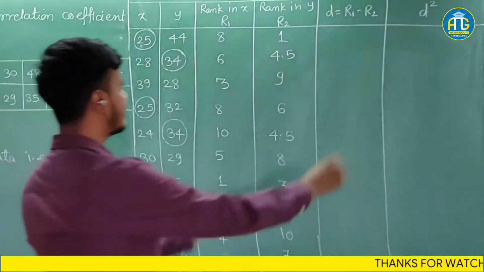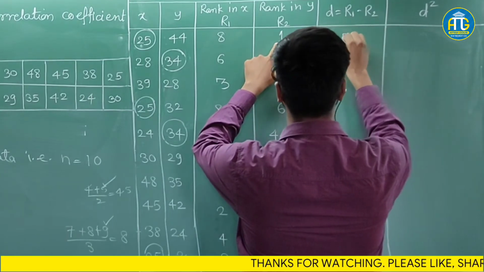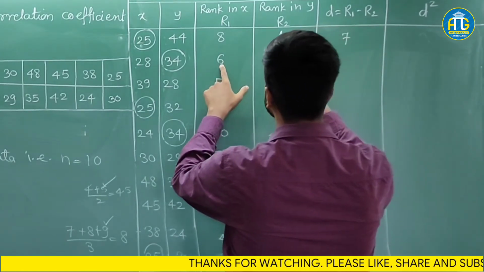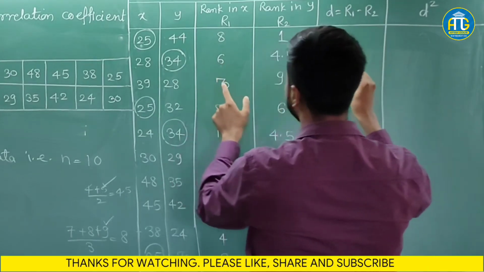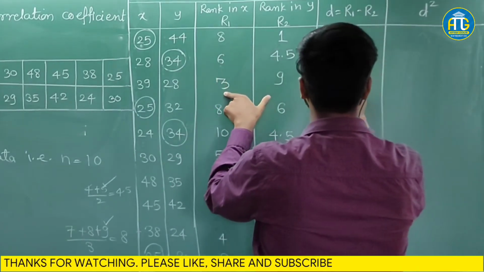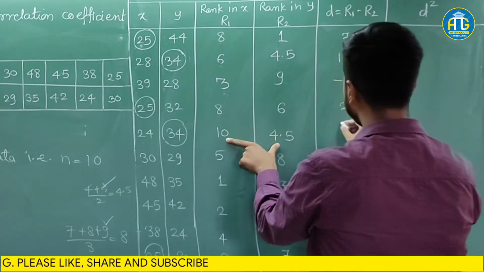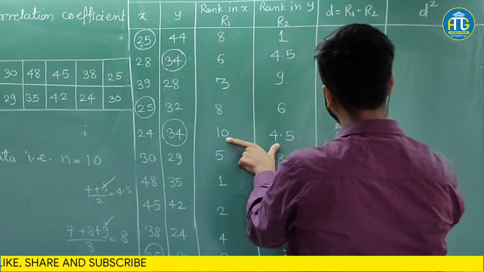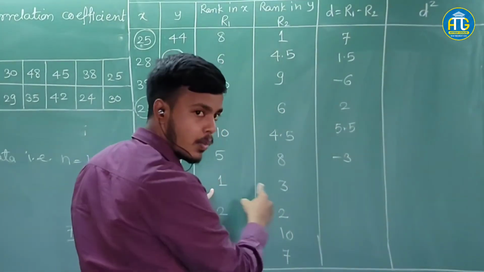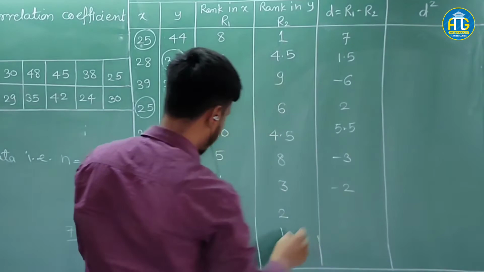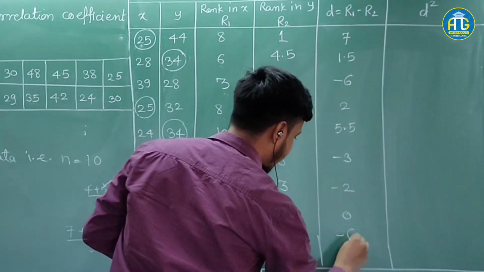Okay. Now take the difference. 8 minus 1 is 7. 6 minus 4.5 is 1.5. 3 minus 9 is minus 6. 8 minus 6 is 2. 10 minus 4.5 is 5.5. Then 5 minus 8 is minus 3. 1 minus 3 is minus 2. 2 minus 2 is 0. 4 minus 10 is minus 6.